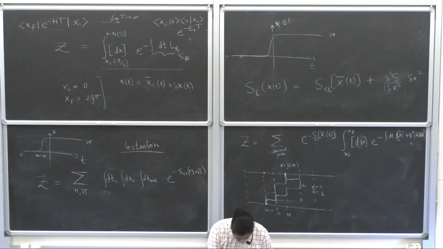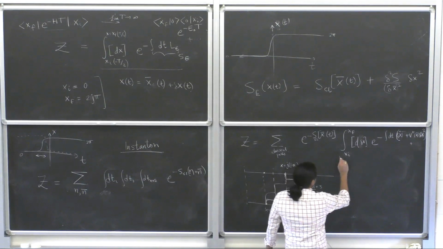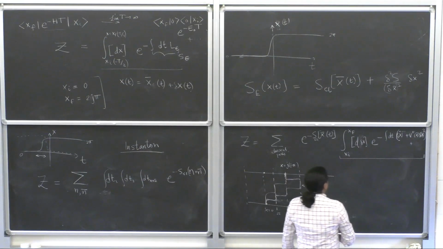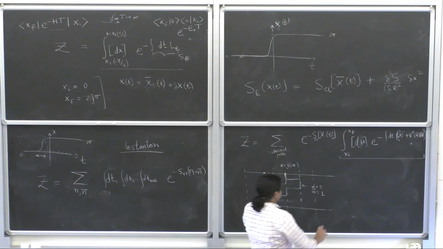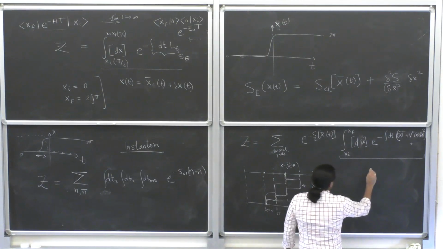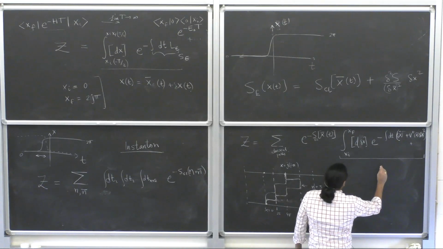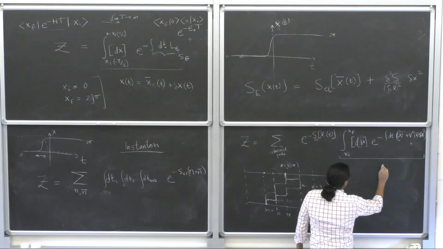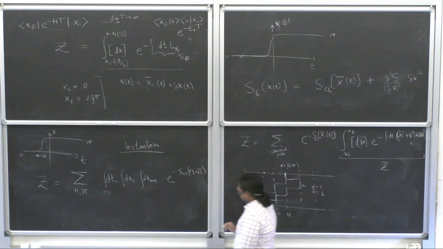Just trying to put all the pieces together. And then we get this fluctuation determinant, this path integral. So let me call this Z tilde for now, for lack of a better name.